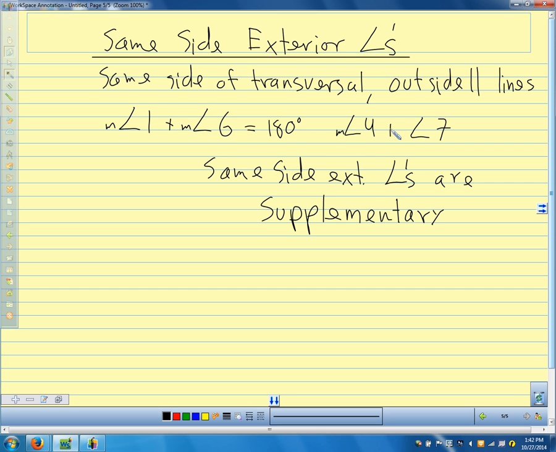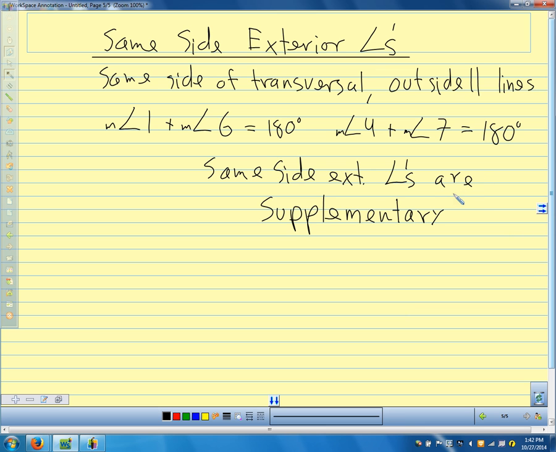Measure of angle 4 plus the measure of angle 7 equals 180 degrees. So we have congruent angles: alternate interior, alternate exterior, and corresponding angles are congruent. Same side interior and same side exterior, each of those pairs is supplementary.